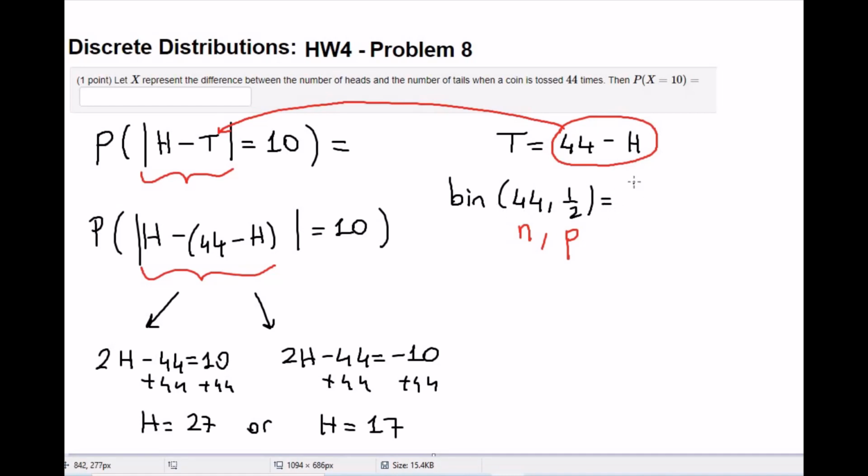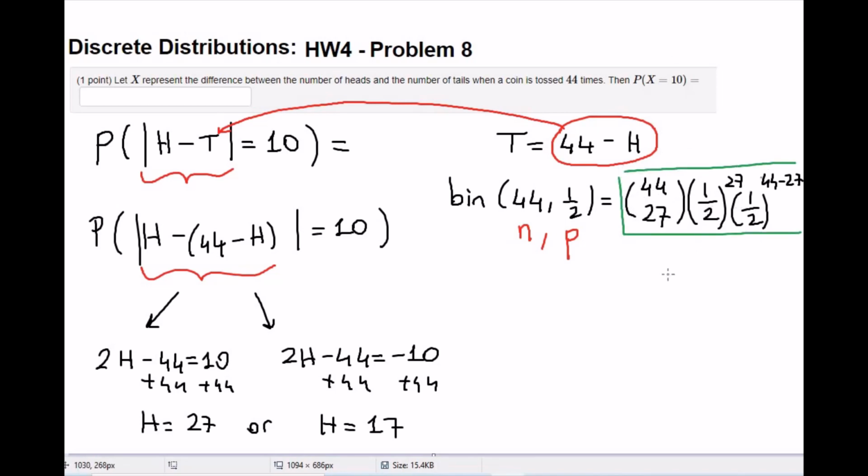And this is the binomial distribution. We have 44 trials, and this is going to be 44 choose 27 for the first scenario here, times p to the 27 times 1 minus p, which is again 1/2, to the 44 minus 27. This is the first part of the problem.